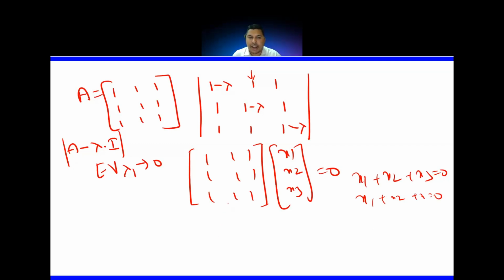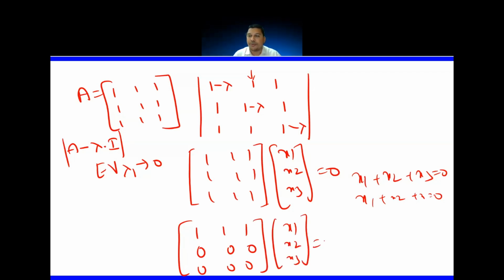I'll apply row transformations and make this matrix 1, 1, 1, 0, 0, 0, 0, 0, 0, and I have x1, x2, x3 equal to 0. If I multiply this, I get x1 plus x2 plus x3 equal to 0.